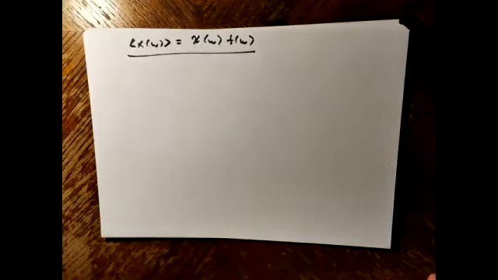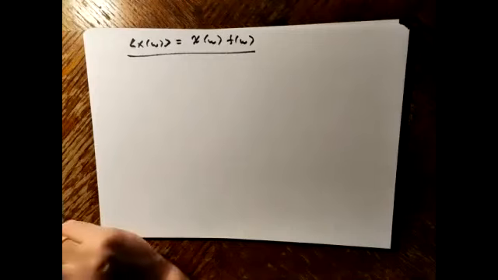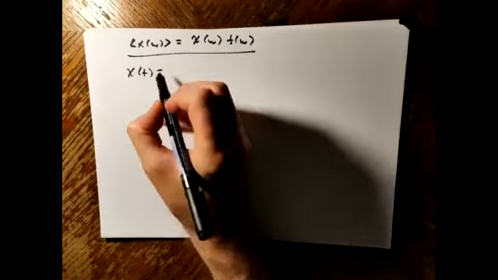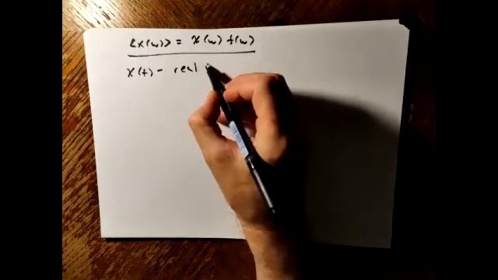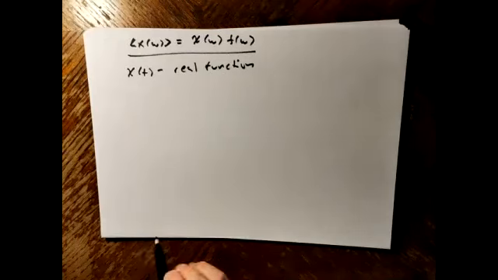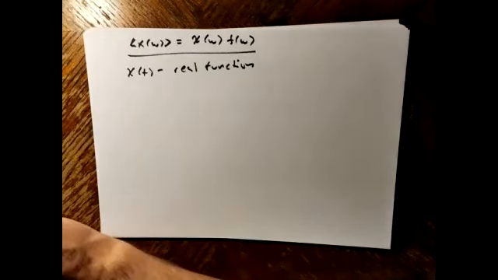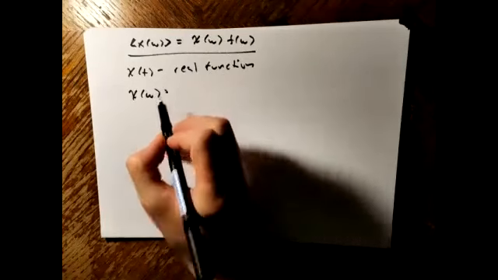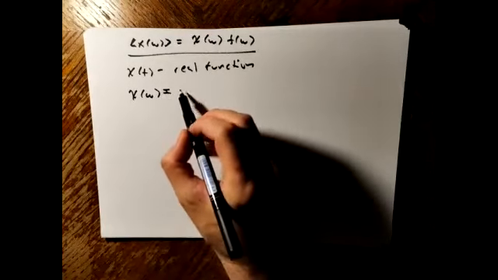Now for the response function, the response function chi of t is a real function. But that does not mean that its Fourier transform is still real. Its Fourier transform is not a real function in general.